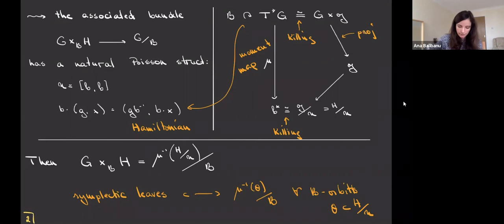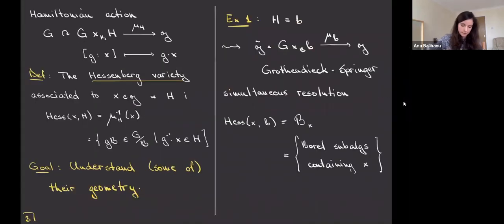Okay, so this vector bundle keeps the left action of the group G, and this action is Hamiltonian for this Poisson structure, and it also inherits a second moment map that takes a pair of a group element and some x in H to what happens when I apply the group element to x. By dot, I mean the adjoint action in this talk. And then the Hessenberg varieties associated to this bundle are just the fibers of this moment map.